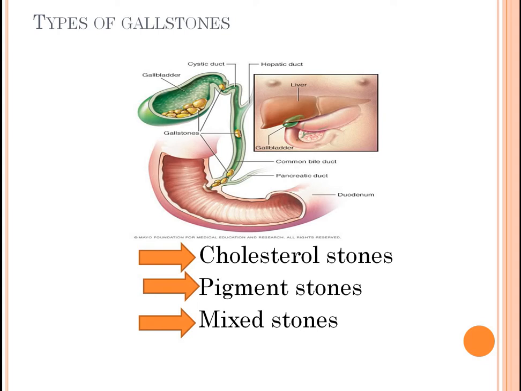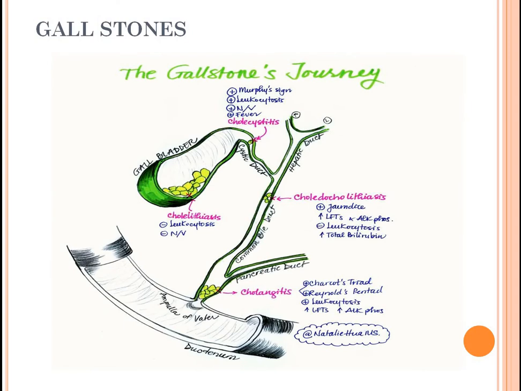Pigment stone is made up of bile pigment, that is bilirubin and biliverdin, and is commonly seen in hemolytic diseases like hemolytic anemia, thalassemia, sickle cell anemia, and also in cirrhosis. There is another stone, calcium bilirubinate stone, seen in biliary tract infection. So these stones can move from the gallbladder and get stuck at the level of the cystic duct, which may lead to cholecystitis.